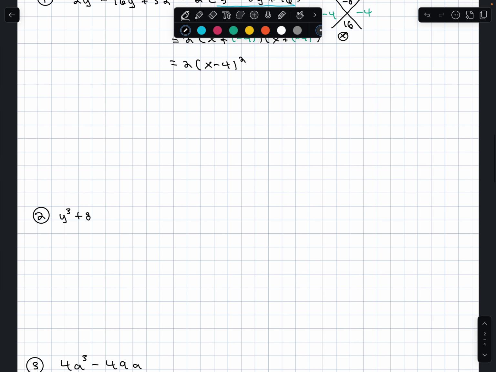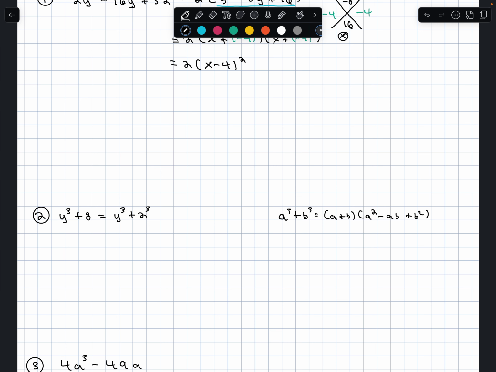What about this one, y cubed plus 8? Well, this is going to be a sum of cubes, right? Because this is the same thing as y cubed plus 2 cubed, because 2 cubed is 8. So using the identity for sum of cubes, remember sum of cubes says a cubed plus b cubed is a plus b times a squared minus ab plus b squared.